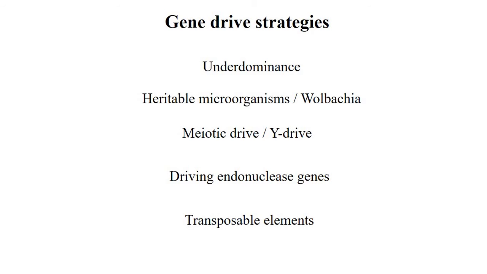The offspring has a 50% chance of getting the maternal allele or the paternal allele. But when we are talking about gene drive, we are not talking about that. It's skewed a bit. So there are several strategies we will go over today.